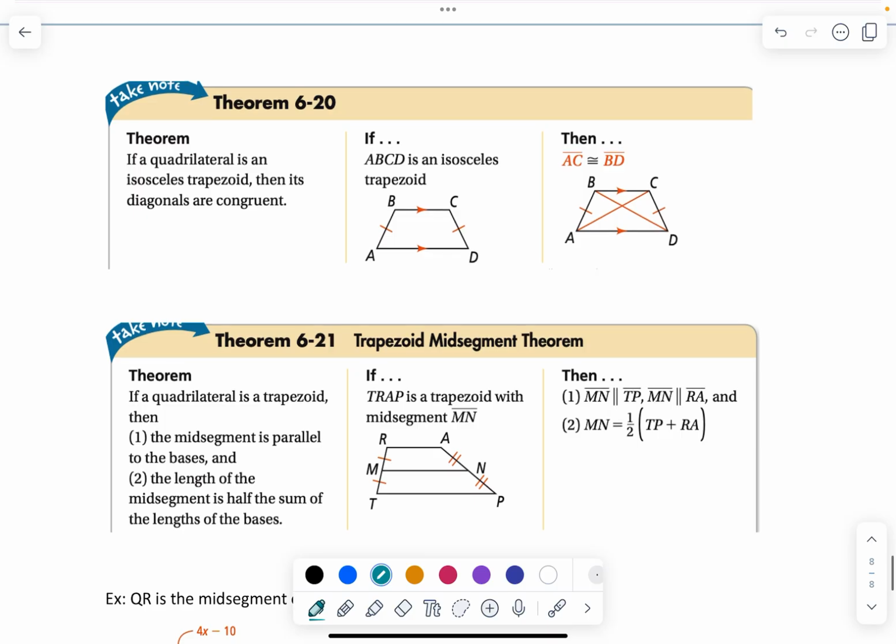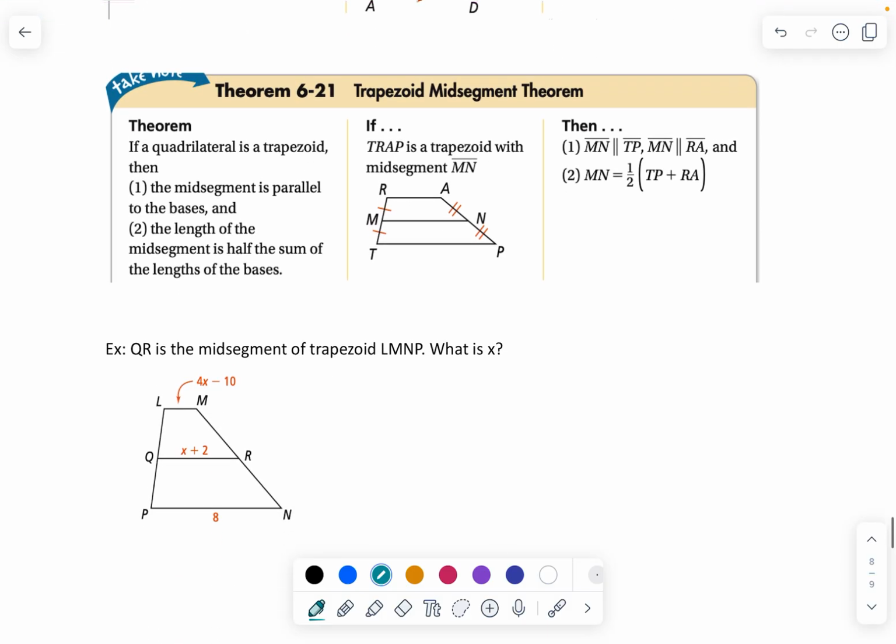Now, as I mentioned earlier, the diagonals are congruent. So diagonals congruent is what we have for those isosceles trapezoids. The last thing we're going to talk about is the midsegment. A midsegment joins the midpoint of one side to the midpoint of the other.